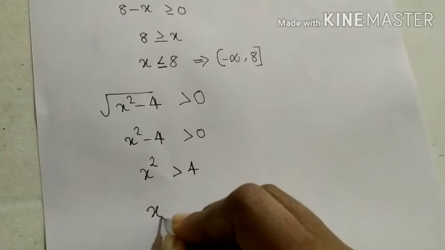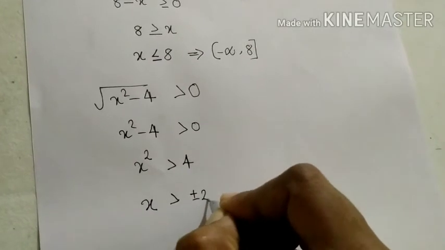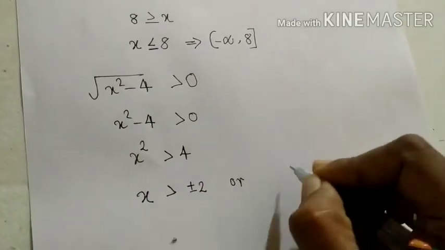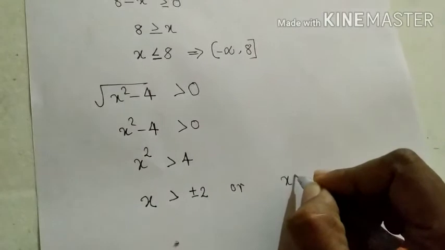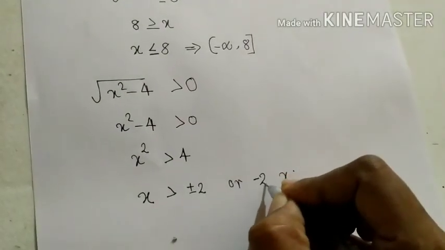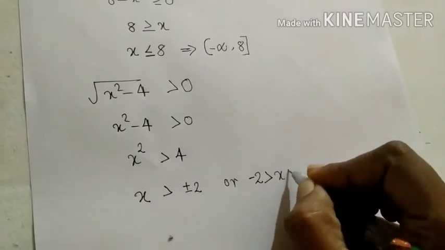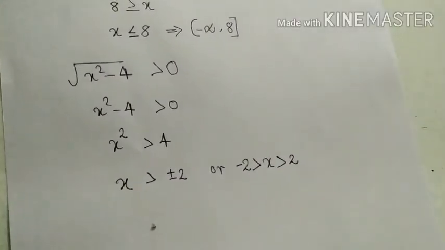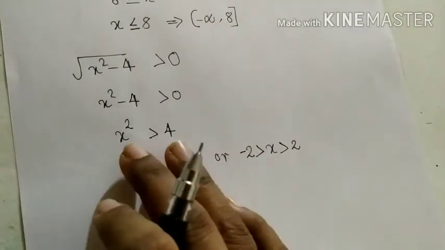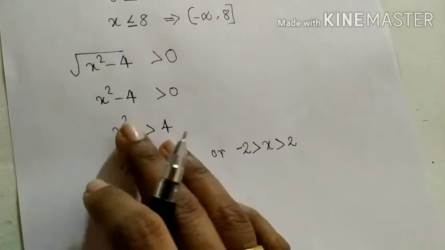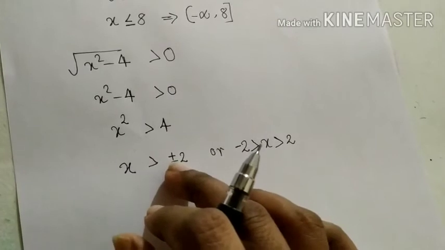So we get x square greater than 4. Taking square root on both sides, we get x on the left hand side, and root of 4, we know its value is plus or minus 2.